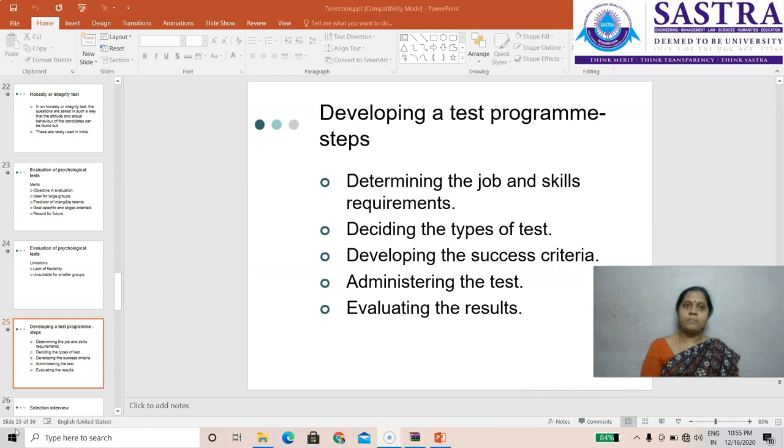The organization must determine what constitutes success on the job. For example, factors like quantity and quality of the goods produced, absenteeism, attrition rate, accident history, and length of service can all be considered criteria which determine the success of a particular employee staying in the job.